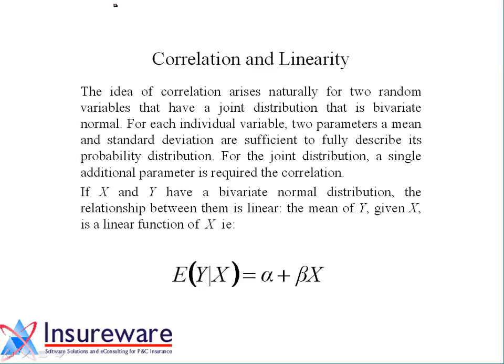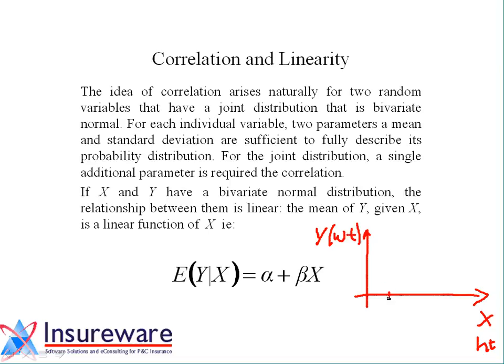So what do we mean by the following linear model? You have two random variables, x and y. Well, let's draw a picture. Suppose that x is height, ht, and y is weight, wt.